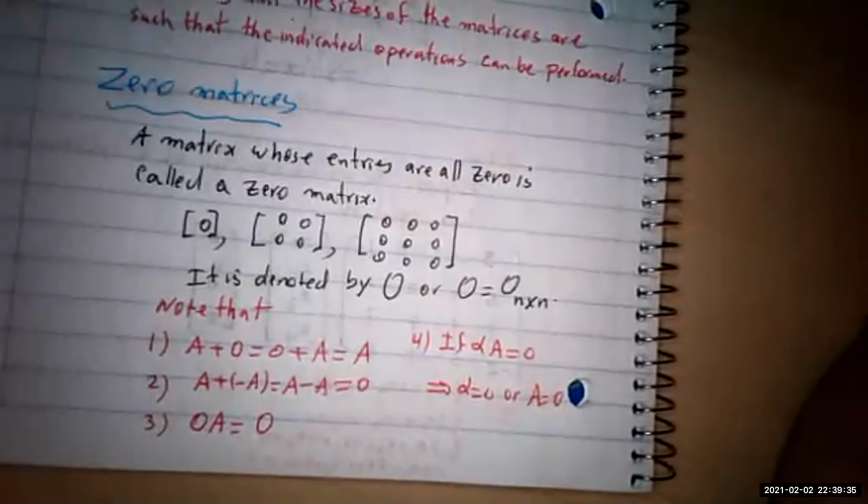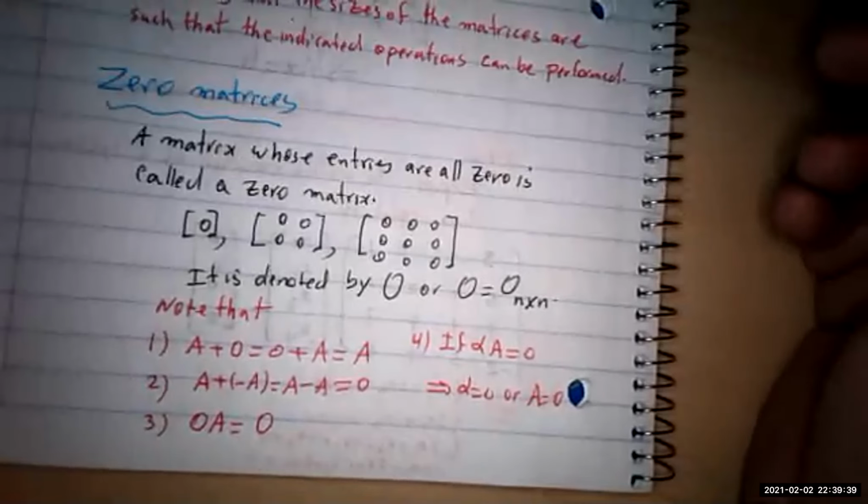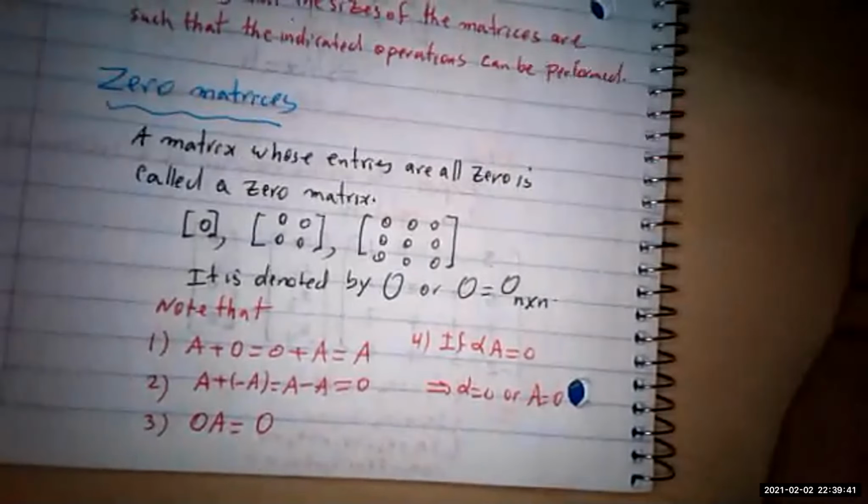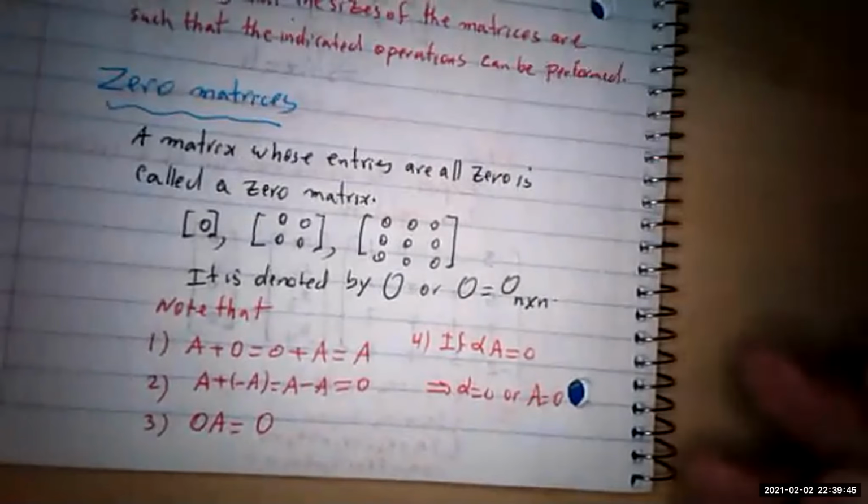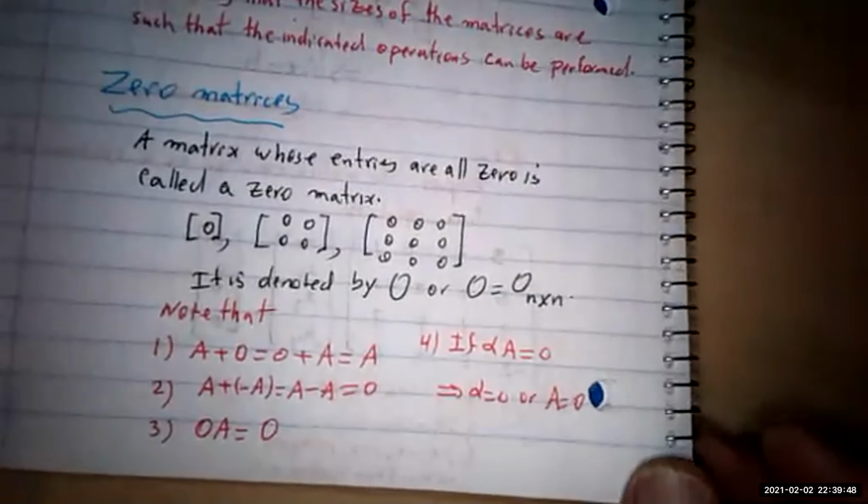So we'd like to introduce a similar one for the multiplication of matrices. What is going to be that identity for the multiplication? It's a very important matrix. So what is the identity matrix?